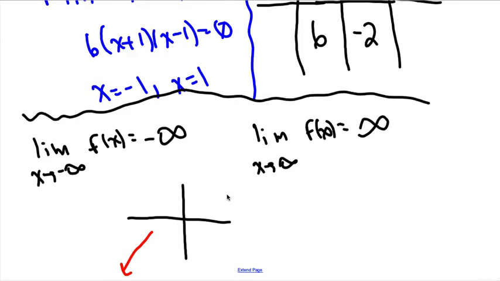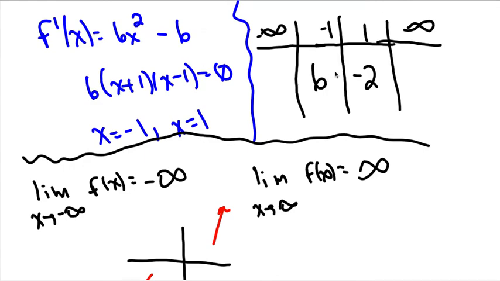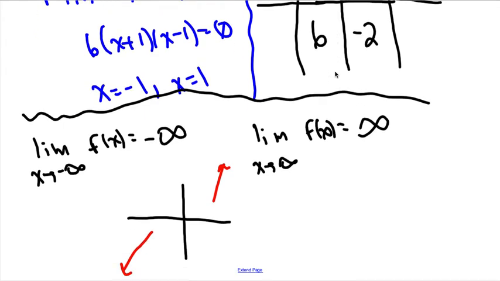When I went to the right, they were going up forever. And then I had these two values here in the middle at -1 and 1. So let's say -1, 6 and 1, -2, something like that. So this would be my point here at -1, 6, and this would be my point down here at 1, -2. So the question is, do we have an absolute max or a min?